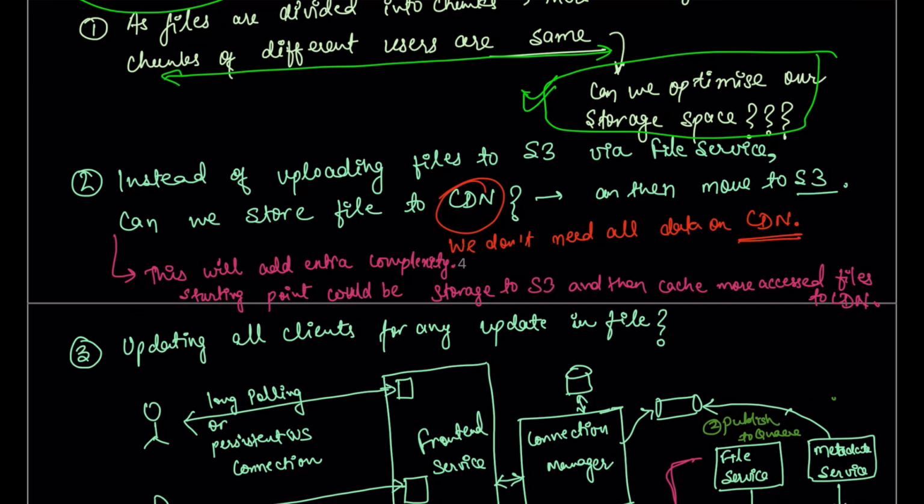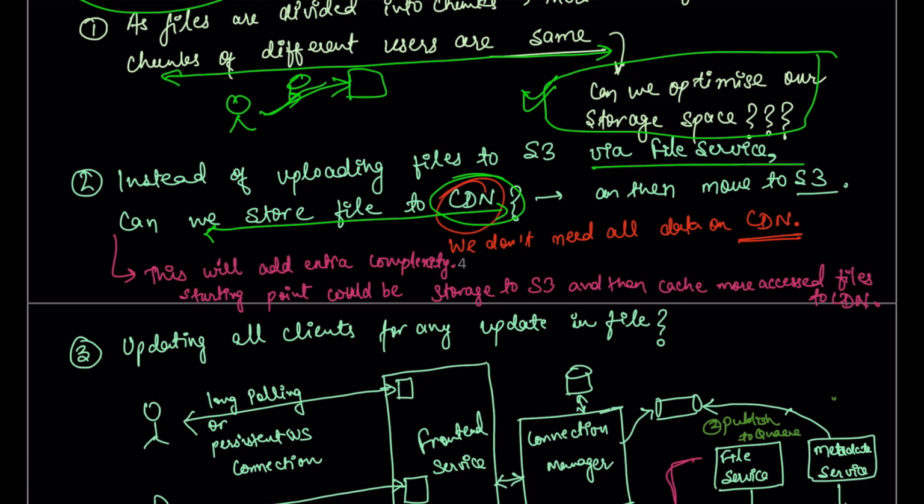The second point is, instead of uploading files to S3 via the file service, can we store files to a CDN and then move further? This is in the context that the file has to be shared with multiple users. Our general architecture is that the file goes to a queue, and from the queue it is updated by the store to the file service.